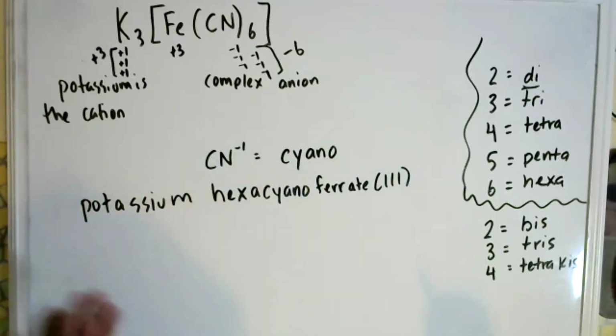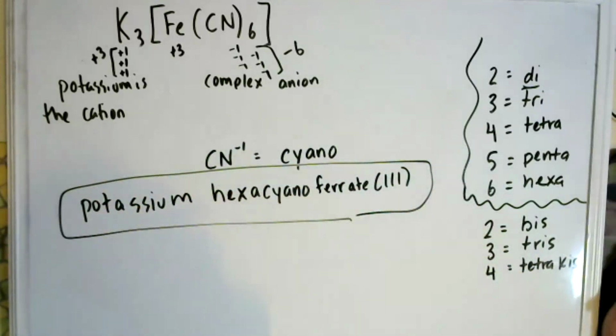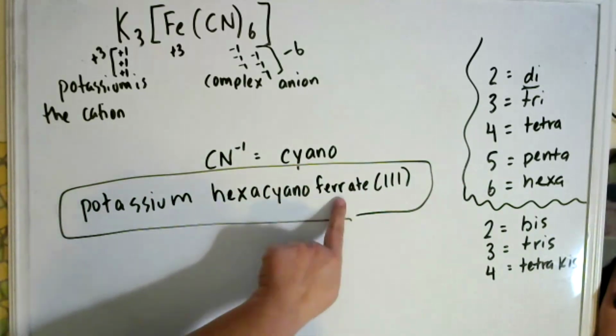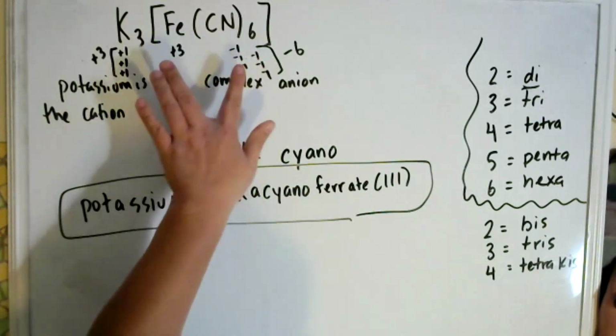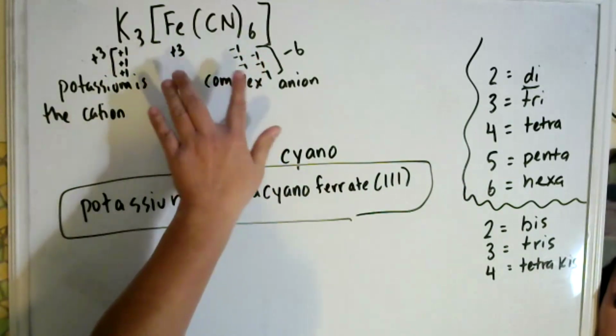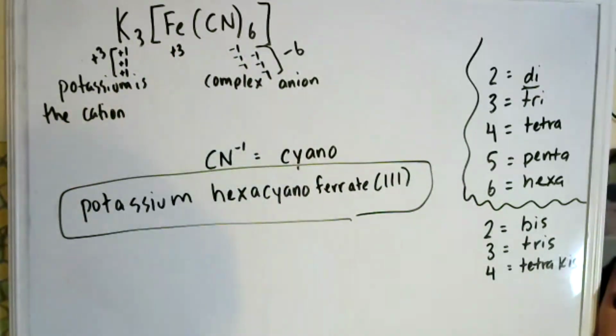There, that looks a little better. Potassium hexacyanoferrate 3. Okay. And again, the only time you're going to do this name change is when your complex ion is an anion, and you see the brackets are at the end of that compound. That's kind of how you know. All right.